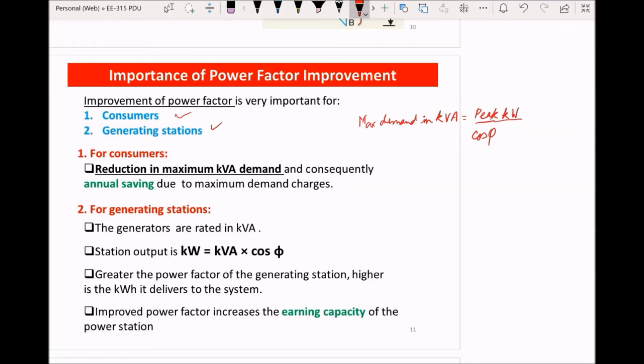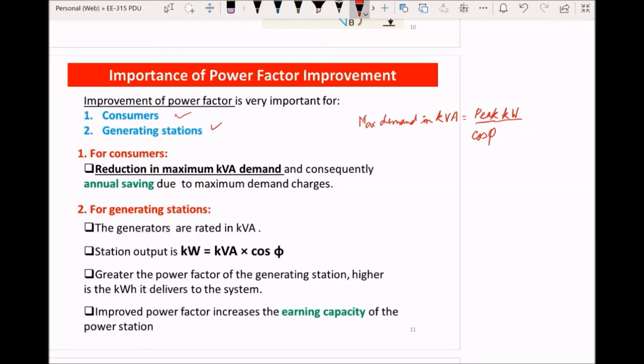Okay, so even though with the power factor correction the initial cost of the equipment will increase anyway, it reduces the overall kVA demand, which results in net annual saving.